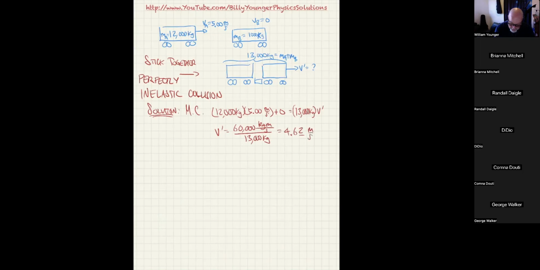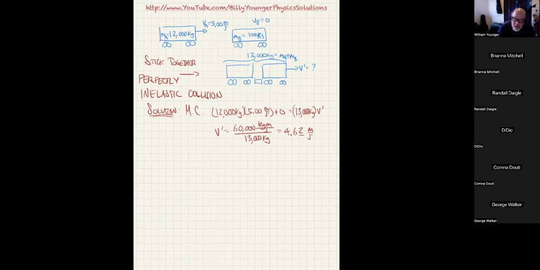Notice how the kilograms did cancel out. So that's the new velocity. The reason why that new velocity is so big is the initial train car was really, really heavy and moving along pretty well. The second train car is on the order of less than 10% of the mass of the first train car. So yeah, it had very little effect.